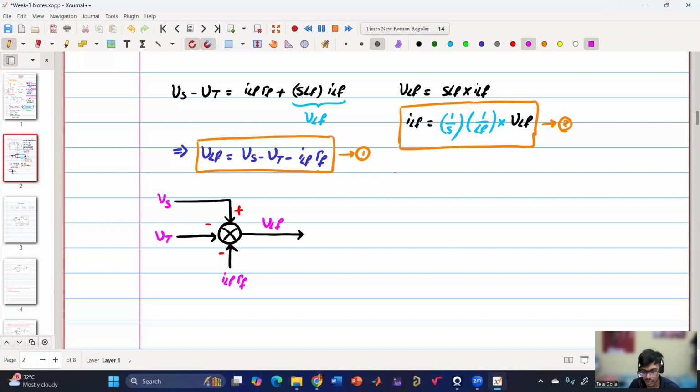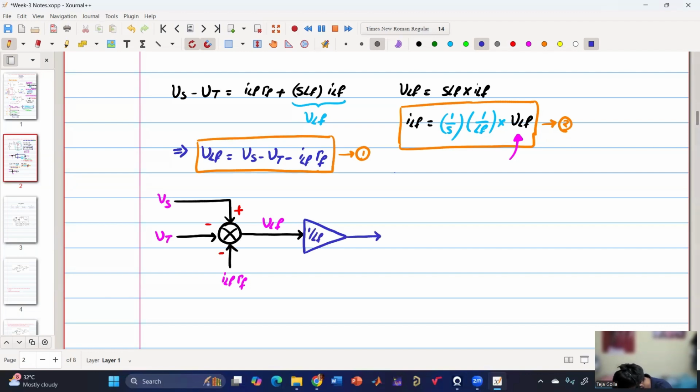Now we have VLF. So now I know VLF. Can I get ILF from this? Yes, put it through a gain and an integrator. So first, I'm putting a gain block, a 1 by gain, and I am calling the gain 1 by LF.